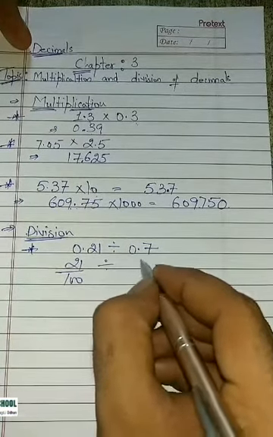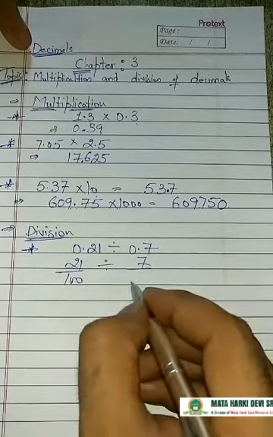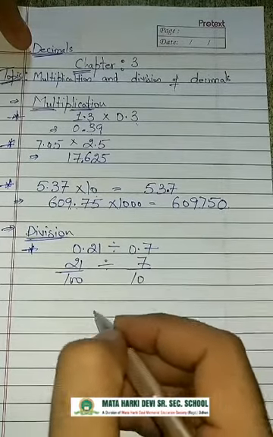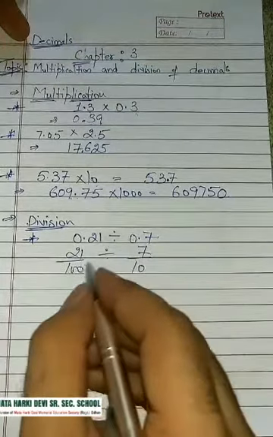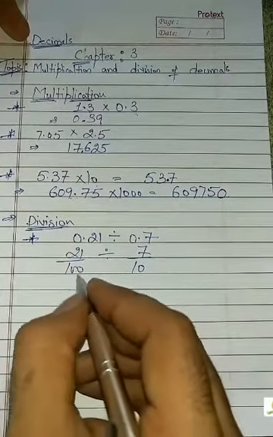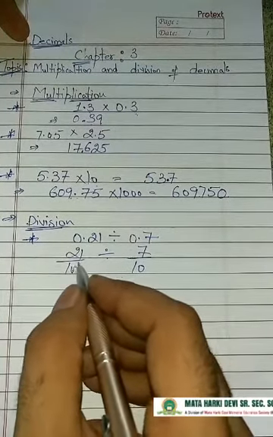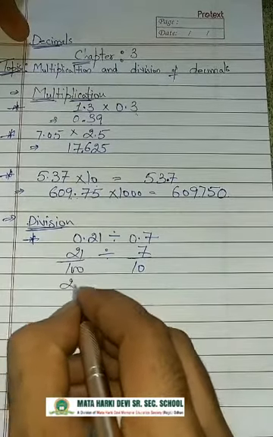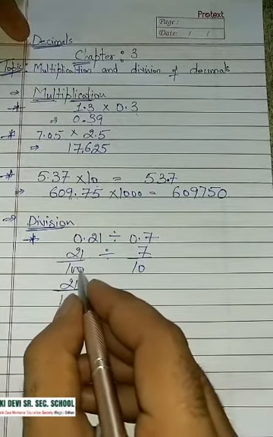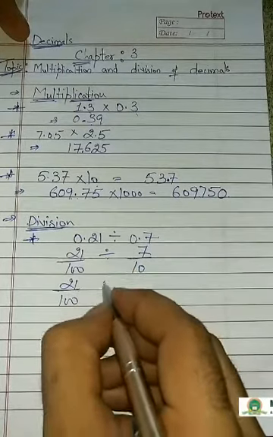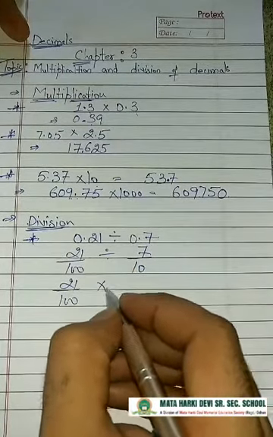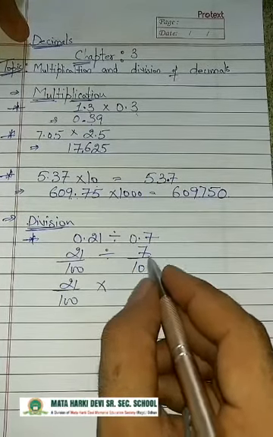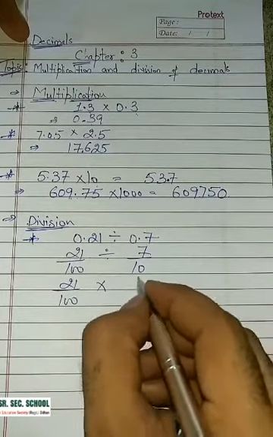Here you have one decimal place, so place 10 in the denominator. We have converted both decimals into fractions. We did the division of fractions in the earlier chapter. Just write the first fraction as it is, convert the division sign into multiplication, and then take the reciprocal of the second fraction, that is 10 by 7.